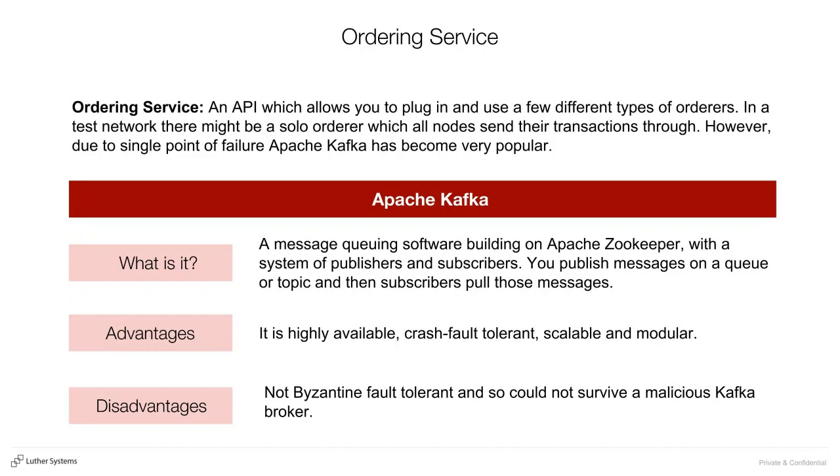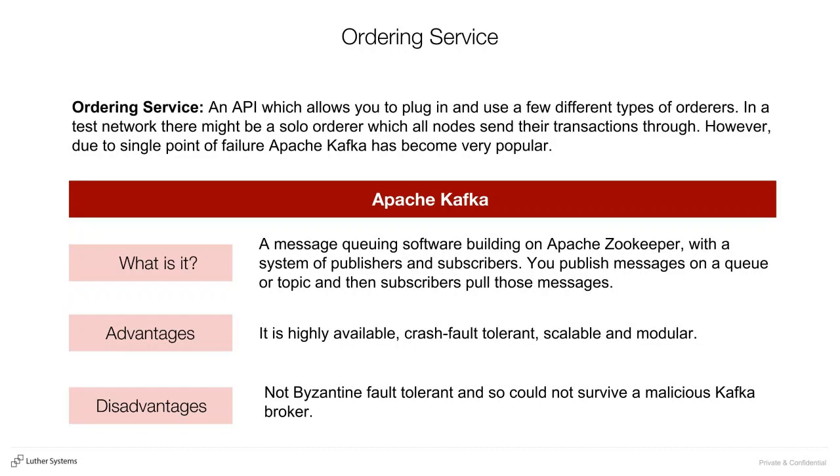So it's broken down into these different components that you can kind of rip out and replace with your own pieces if you want. And the ordering service follows that style. So it has an API where you can plug in and use a few different types of orderers depending on the trust and scalability, availability requirements of your applications.